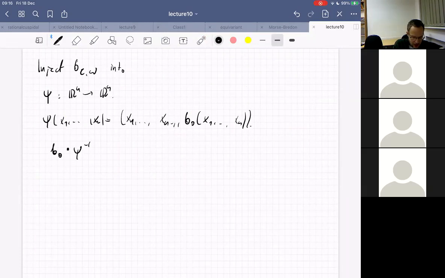So what is b0 composed with psi inverse? Well, any guesses? What is this function?